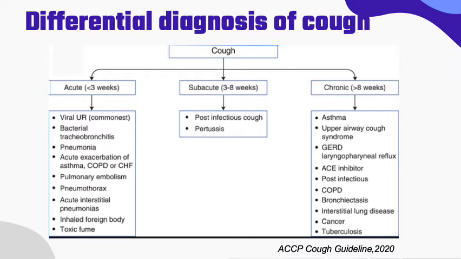And they should be differentiated from cough caused by interstitial lung diseases and cancer, whereas an infectious cause that causes chronic cough can be tuberculosis.